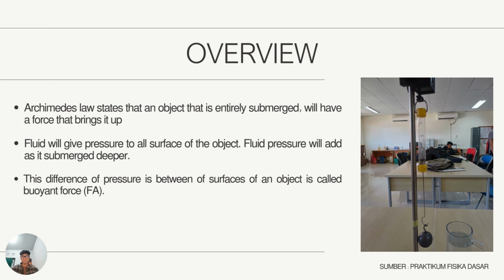The difference of pressure is between the underside of the object and the top side of the object. The underside will have more pressure, and that difference in pressure is what is called the buoyant force, or Fa.